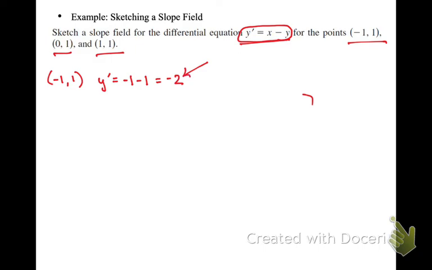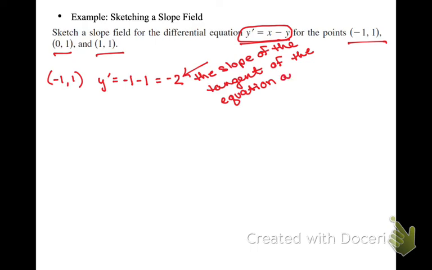So this is the slope of the tangent line of the equation at negative 1, 1. That's all that means.